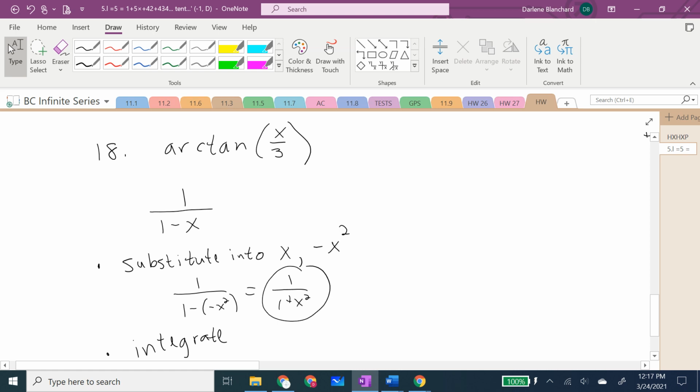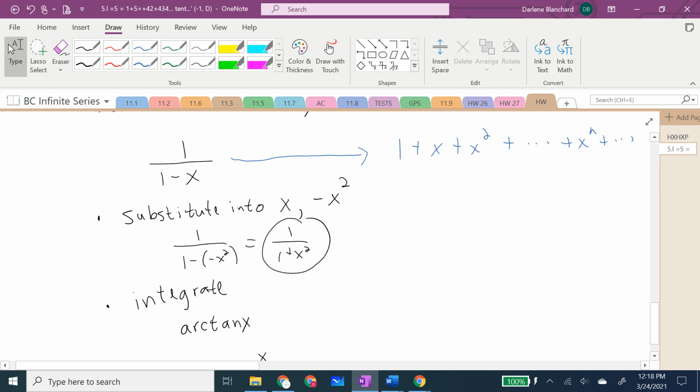So let's go. With this being integration, I want to keep a few terms to deal with the end bit of finding the plus c. So I'm starting with 1 plus x squared. I'm going to call that enough. Then substituting in a negative x squared.